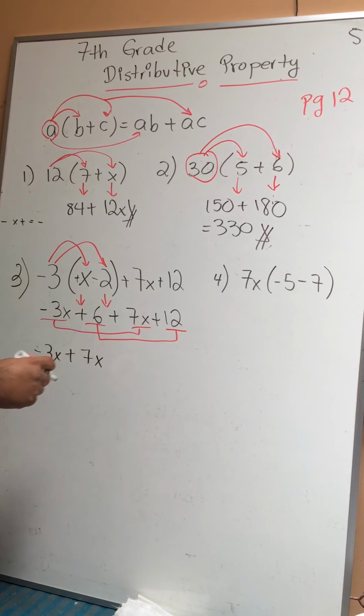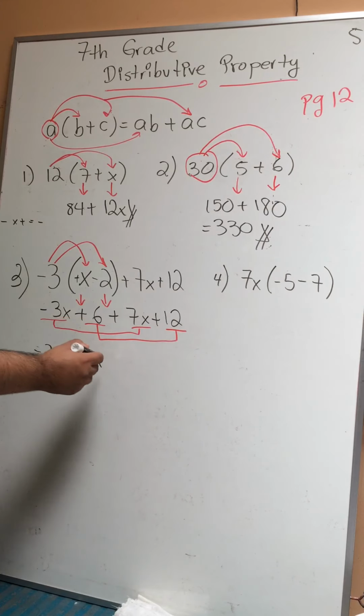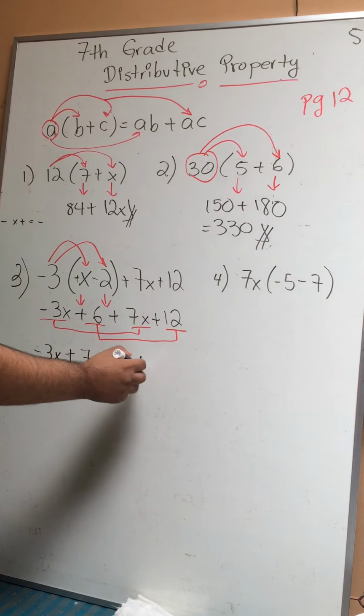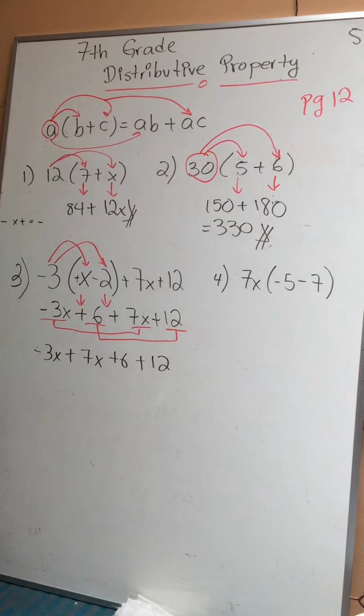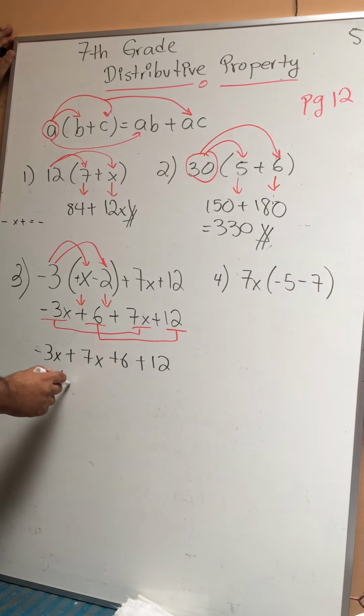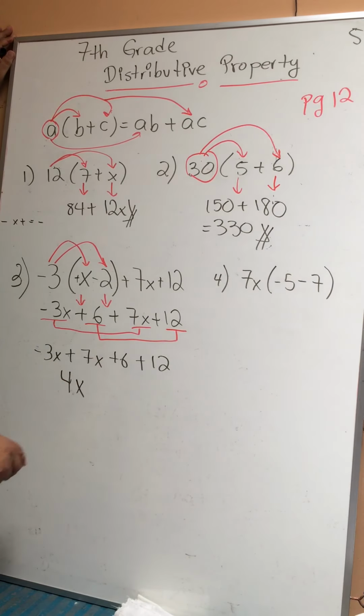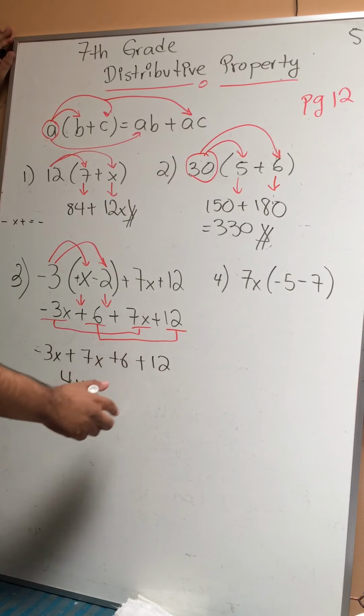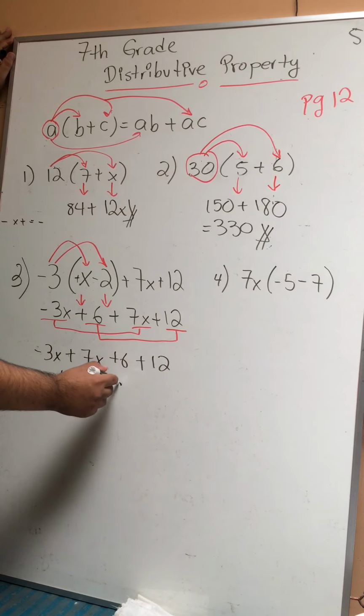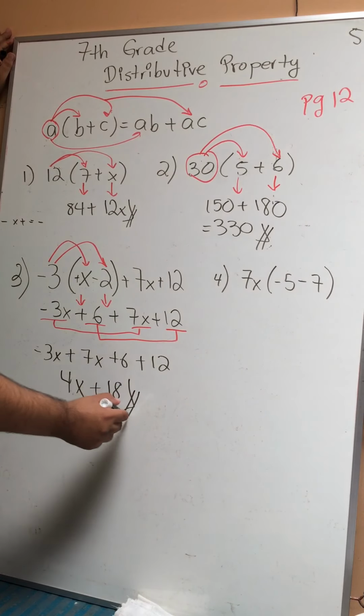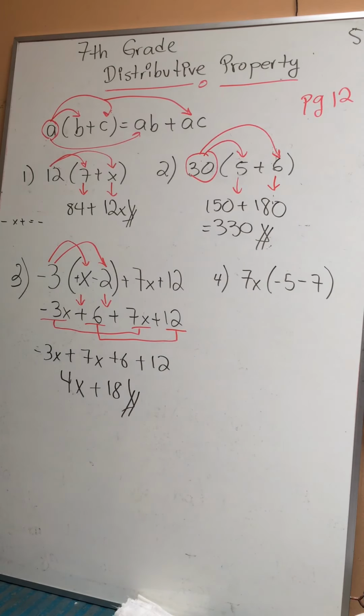Let's put them together in groups so it's easier to add or subtract. Then we have plus 6 plus 12. Then we simplify: minus 3 plus 7 is 4x, and 6 plus 12 is 18. So we are applying the distributive property to solve this exercise.